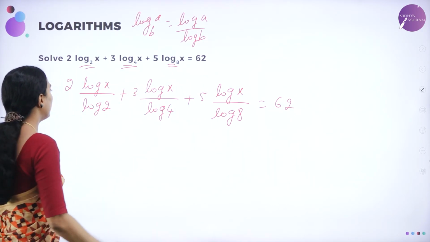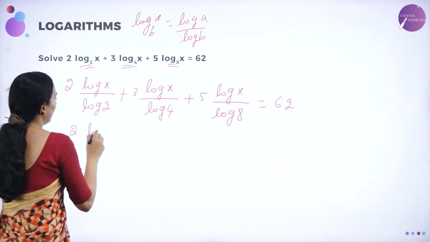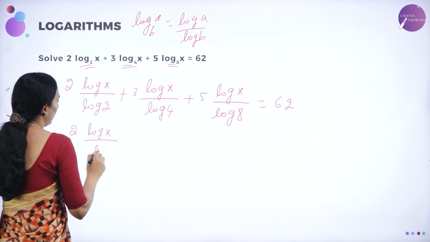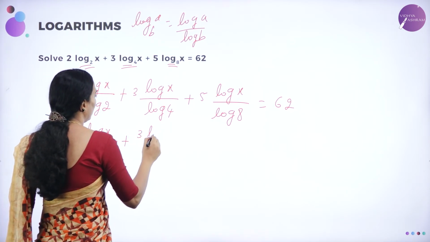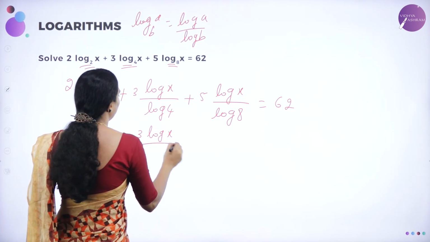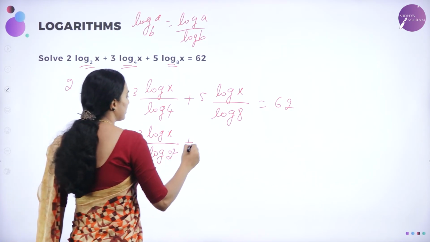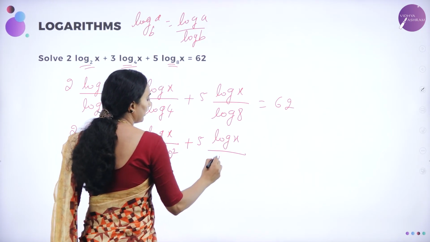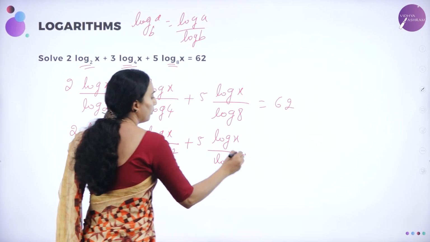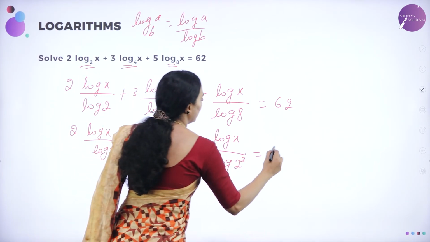So let me write this one by taking an LCM. 2 log x divided by log 2 plus 3 log x divided by log 2 squared plus 5 log x divided by log 2 cubed, since 8 is nothing but 2 cube, which is equal to 62.